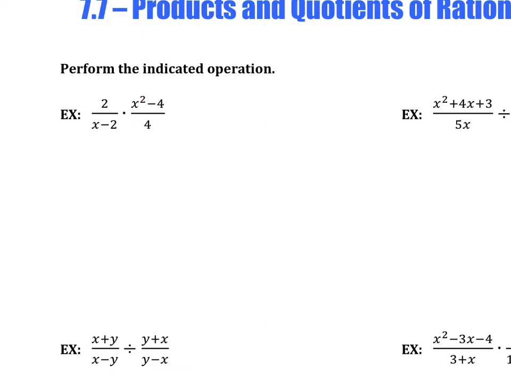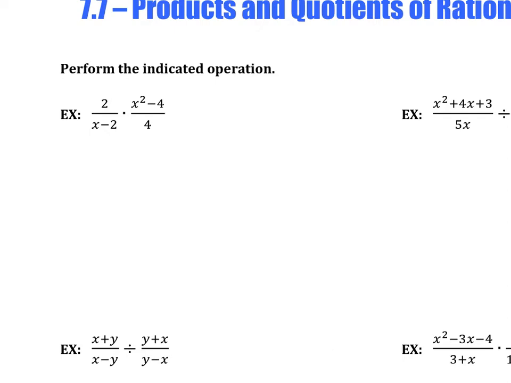Then we will take any common factors that we see between the numerator and denominator, and simplify those by canceling them. And then we'll carry out the resulting multiplication, keeping in mind that a rational expression is considered to be completely simplified when its numerator and denominator have no common factors other than 1. And then you'll see that we'll follow a similar process for division of rational expressions.